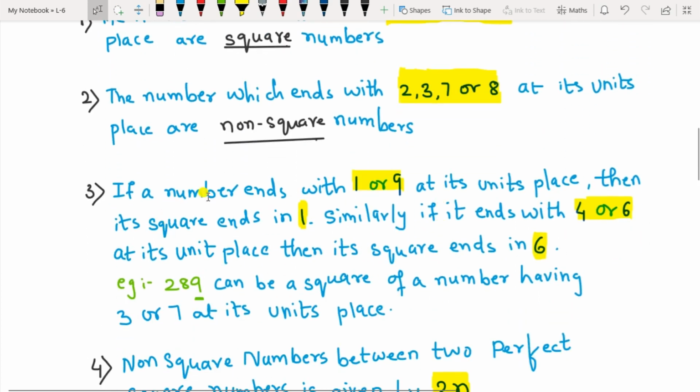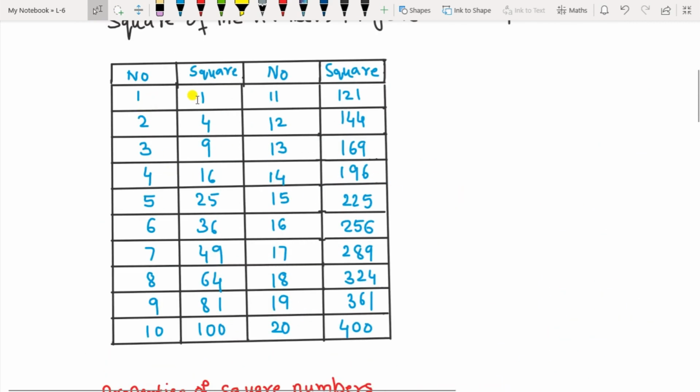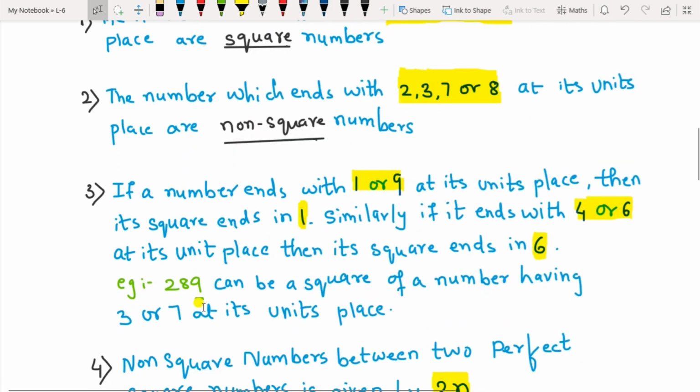Now if a number ends with 1 or 9 at its units place, then you can guess which number's square it may be. For example, a number that ends with 4 or 6 at its units place may be a square of a number having 4 or 6 at its units place.